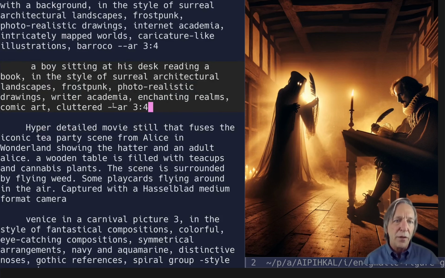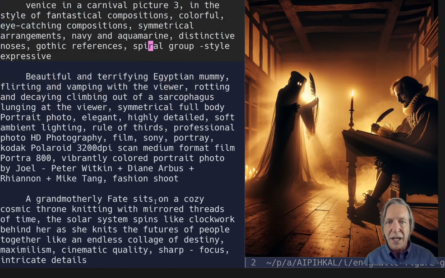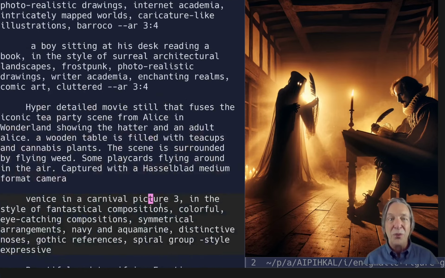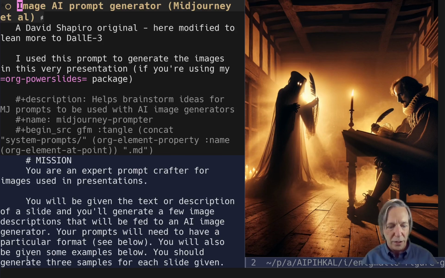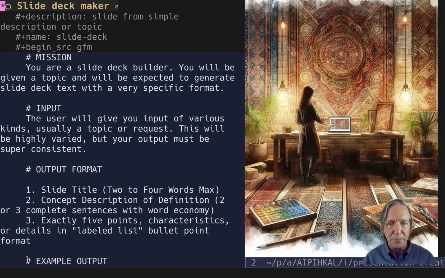And there might be different things. So if you have these in here, you could have the LLM generate you prompts like this for any given idea that you have. It's one of the ones that I end up using quite a lot in generating images, like for these very slideshows.